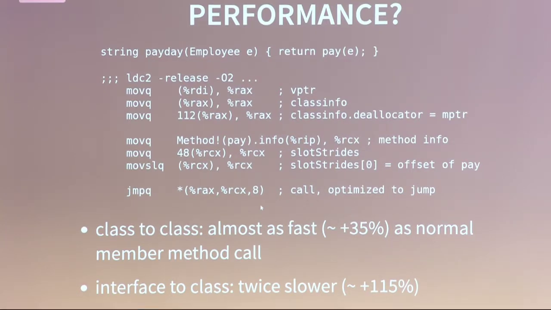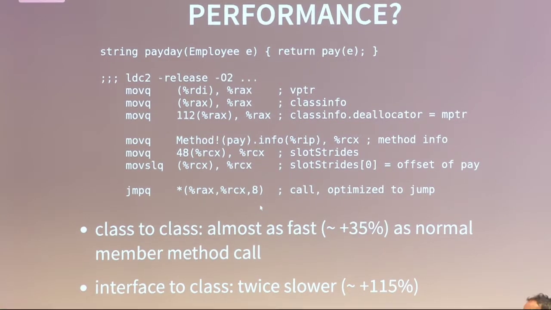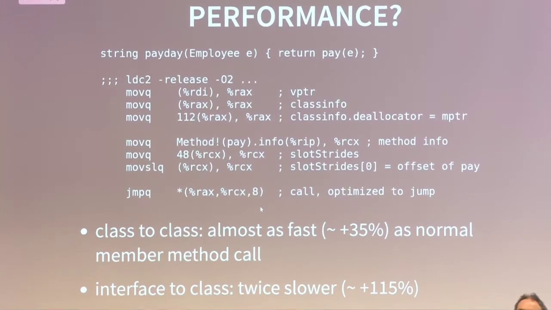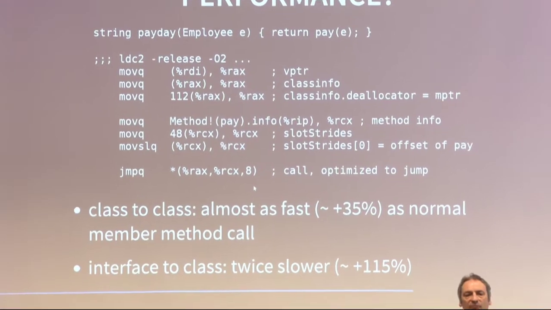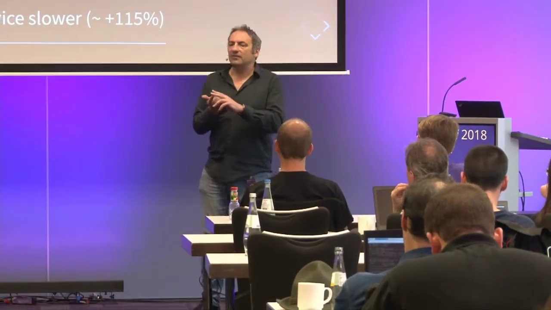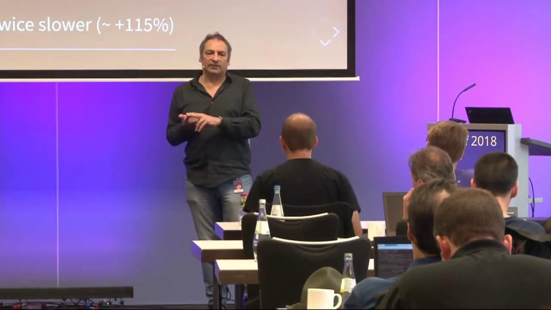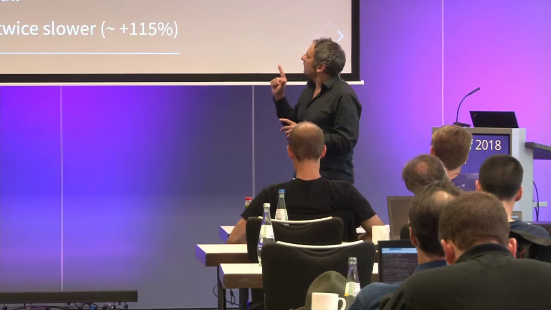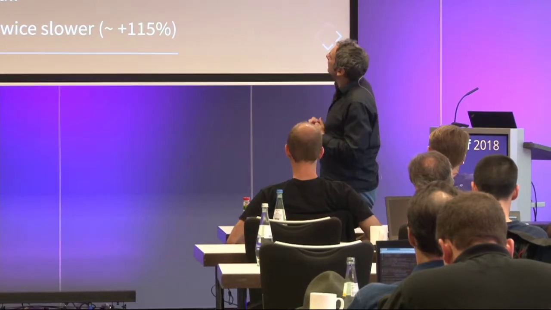It's very good code, but it looks like it should be much slower than a virtual function, because a virtual function is very fast. It's 2 memory reads. You read the VPTR from the object, and you read the function which is at a fixed offset, and you call it. So it's two memory reads, and here I have, I think, 6.